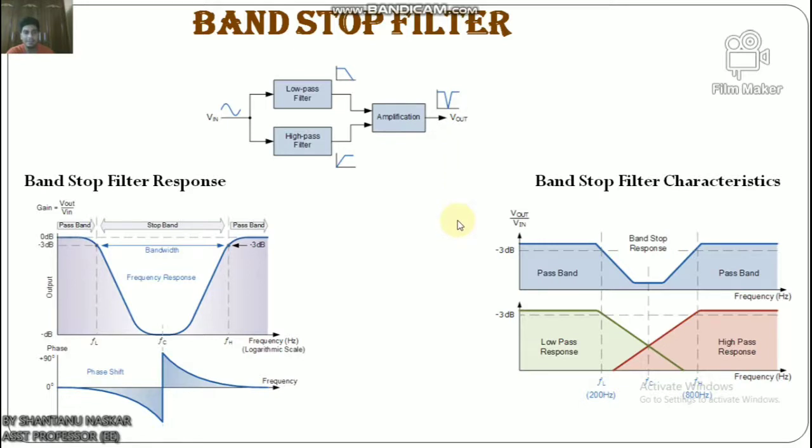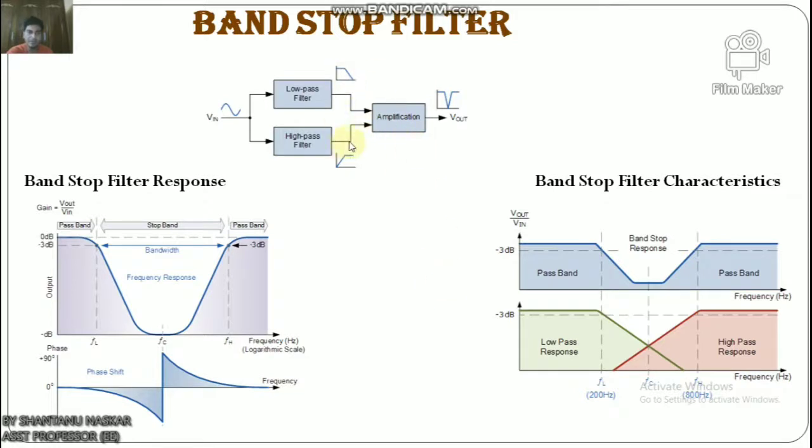This is due to the fact that their start and ending frequencies are at different frequency points. For example, suppose we have a first order low pass filter with a cutoff frequency FL of 200 Hz connected in parallel with a first order high pass filter with a cutoff frequency FH of 800 Hz. As the two filters are effectively connected in parallel, the input signal is applied to both filters simultaneously.